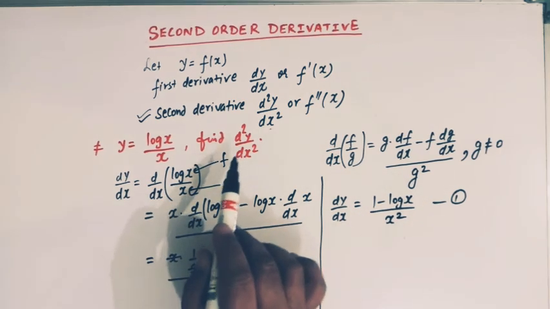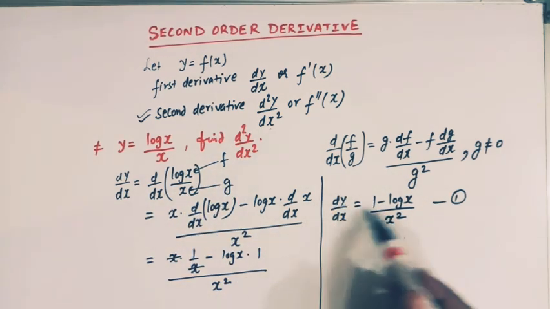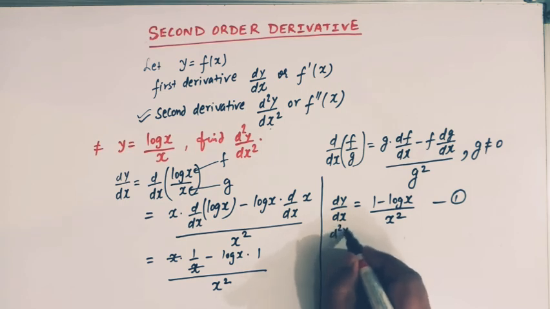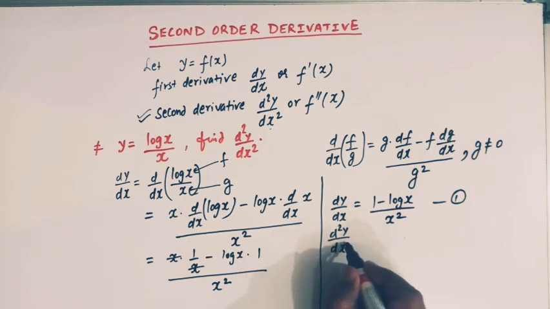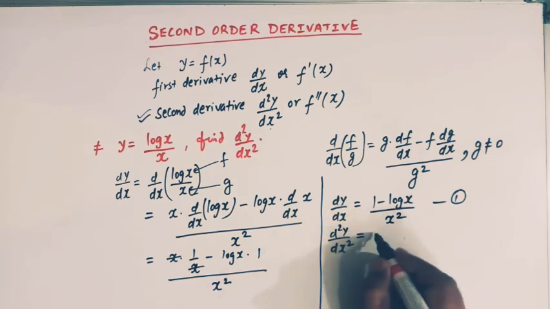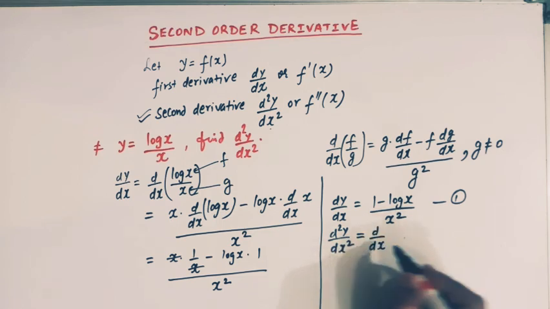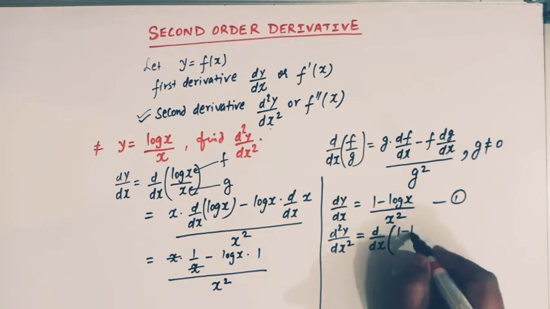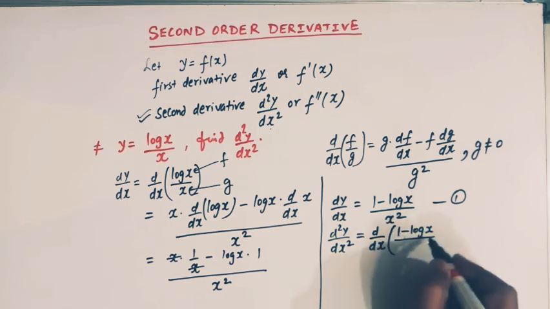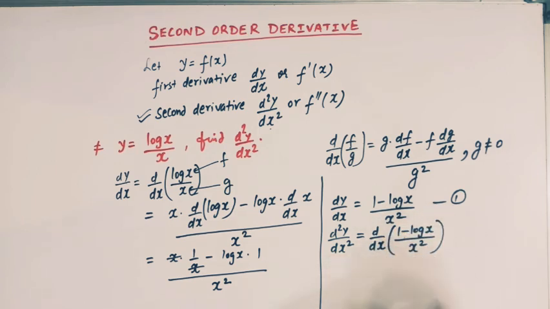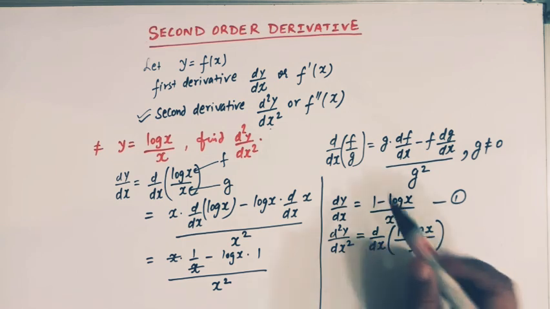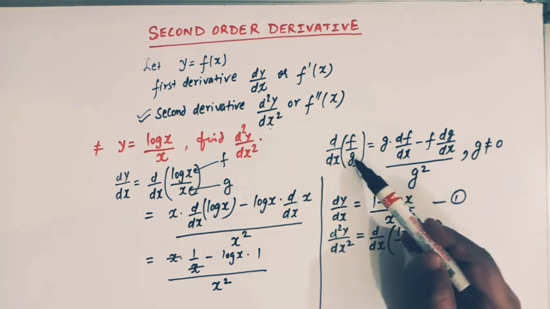Now we have to again differentiate it. So the second derivative is d square y over dx2, and we can write it like this, d by dx of 1 minus log x divided by x square. Now again, this is the quotient of two functions, and we'll again use this rule.